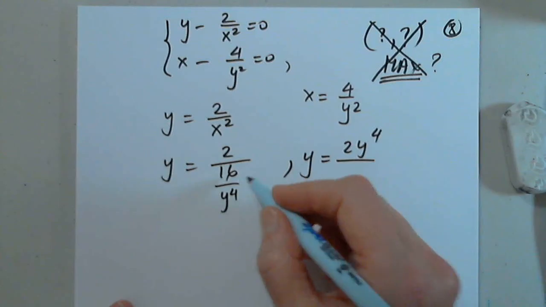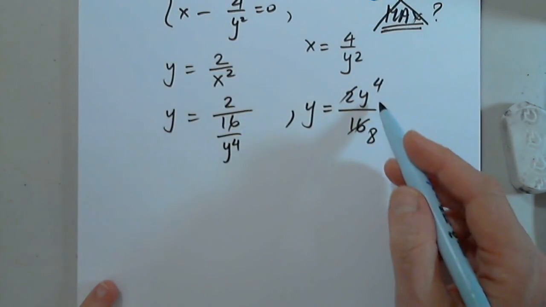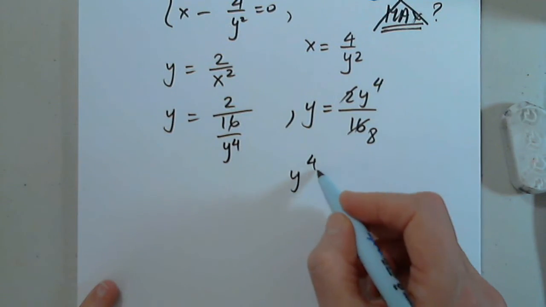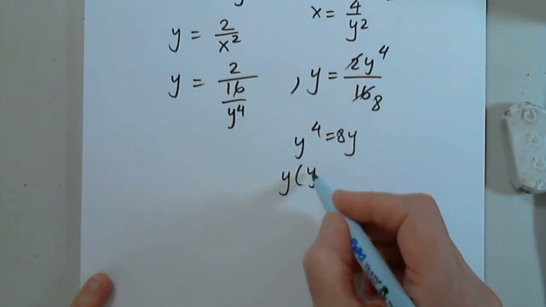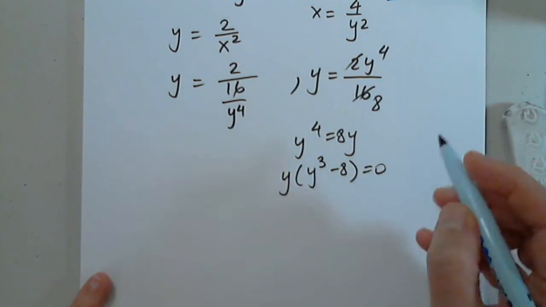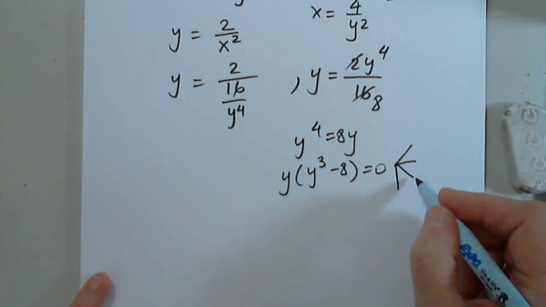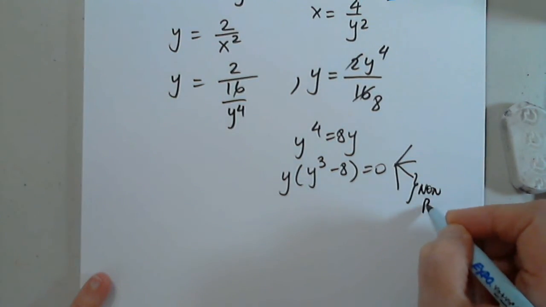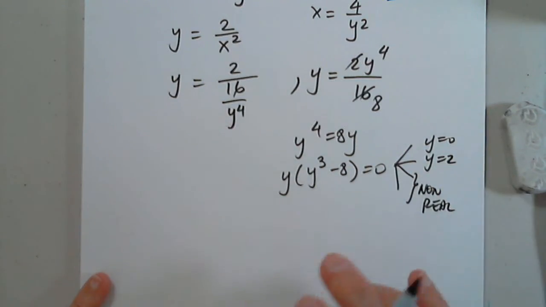2y to the 4th over 16. I simplify. And then I cross multiply. So y to the 4th equals 8y. I have y to the 3rd minus 8 equals 0. Although the degree is 4, there are only two real solutions. These are non-real. So y equals 0 and y equals 2.